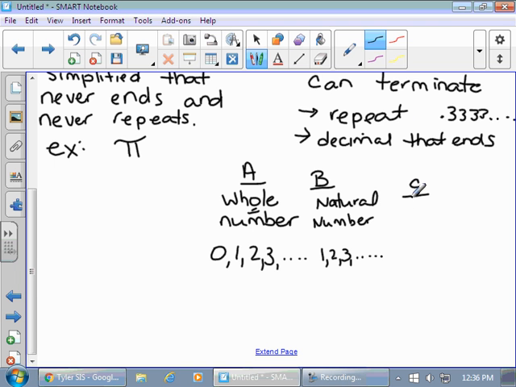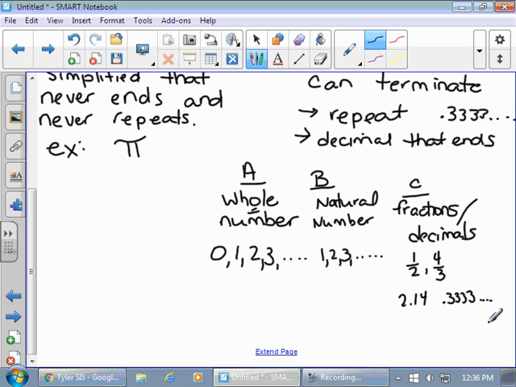My third set of numbers is going to be fractions and decimals. Do I need to show examples of fractions or decimals? Yes. 1/2, 4/3, 2.14, okay? 0.3333, and it continues on.